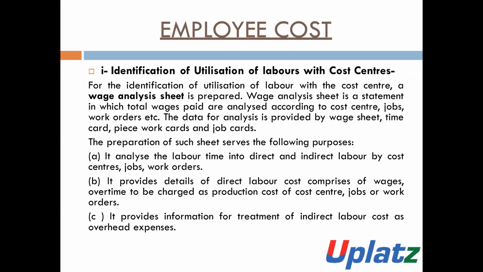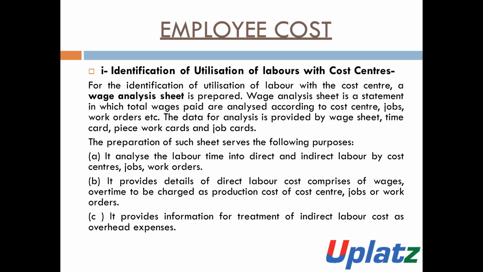The preparation of the sheet serves the following purposes. Number one, to analyze the labor time into direct or indirect labor by cost center, job, and work order. On the basis of such a sheet, the entity can analyze the labor time into direct or indirect labor by cost center, by a job, or by a work order.